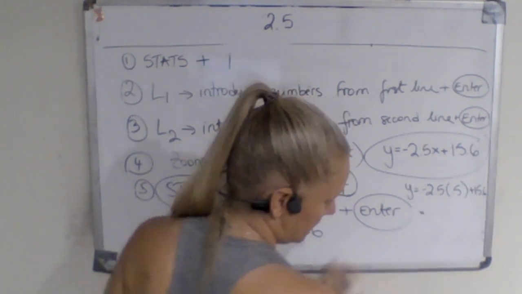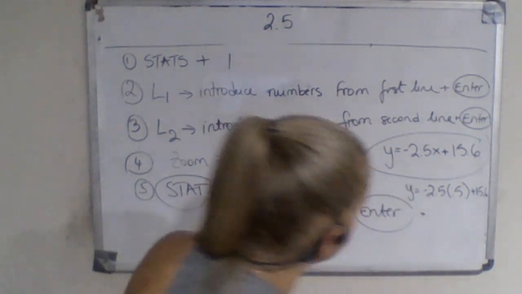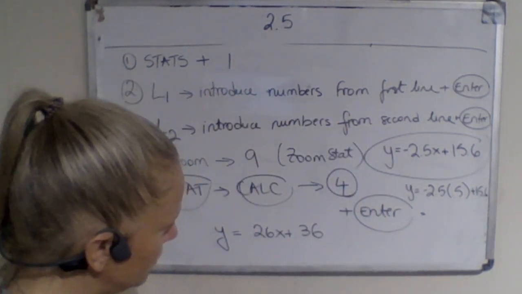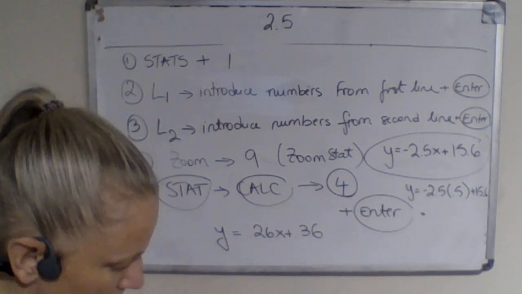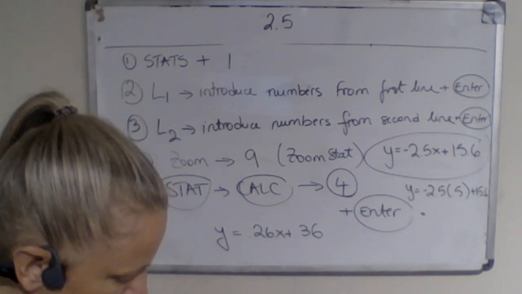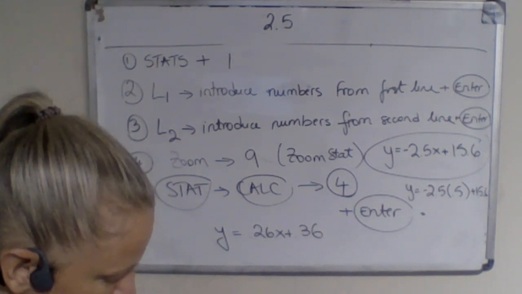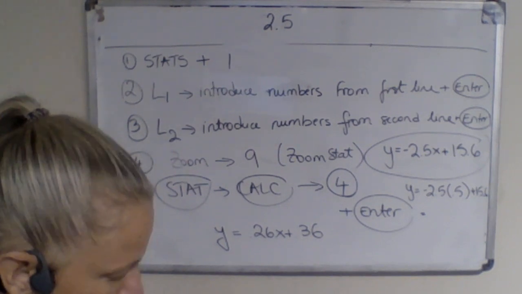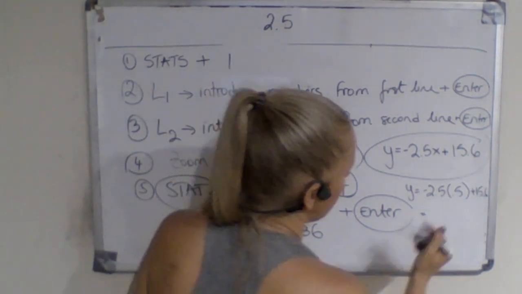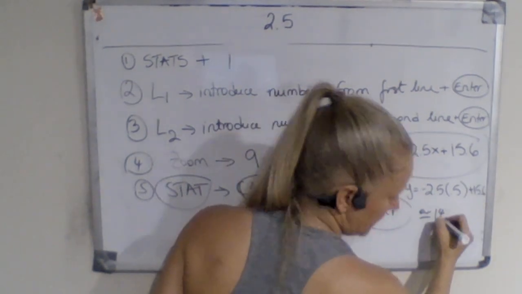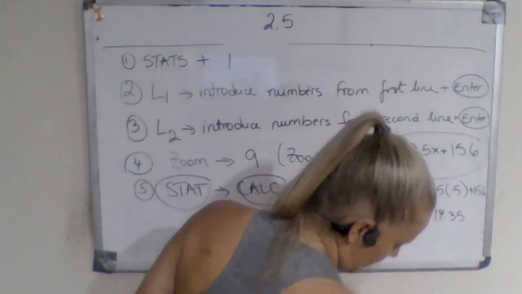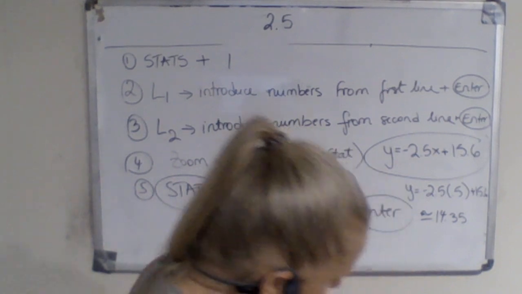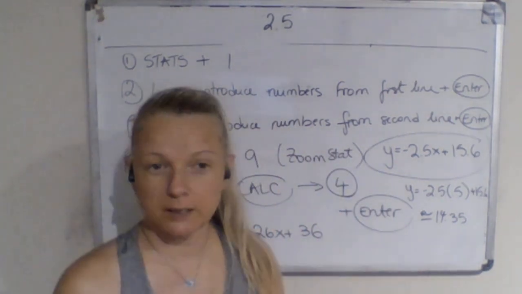And again, you're going to get a different number than the book, approximately. Let me clear this out. Negative 2.5 times 0.5 plus 15.6. I get about 14.35 hours, which is really very close. 14.4 is the book, right?